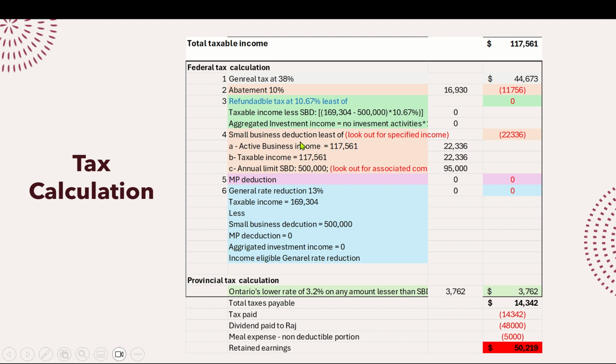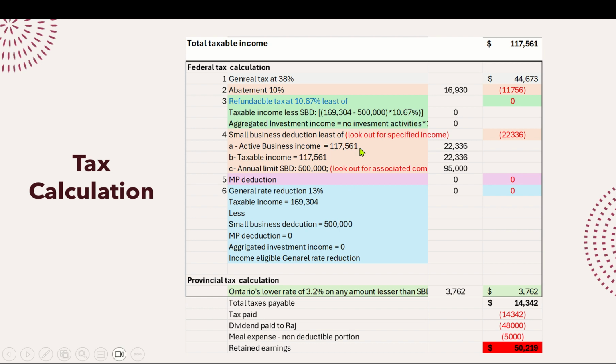And this is the small business deduction, where the least of any of these three amounts. The criteria is the active business income, the taxable income, and the annual business limit, whichever is lesser.